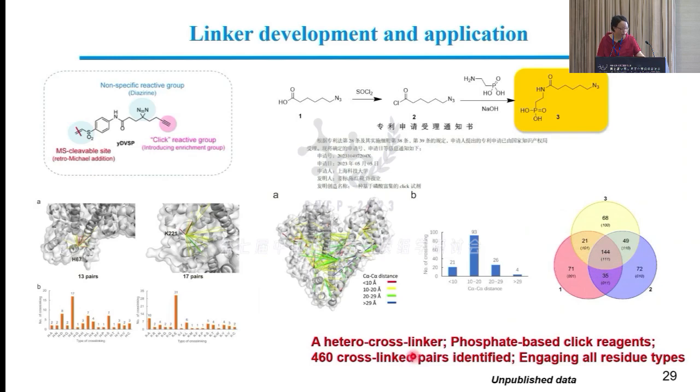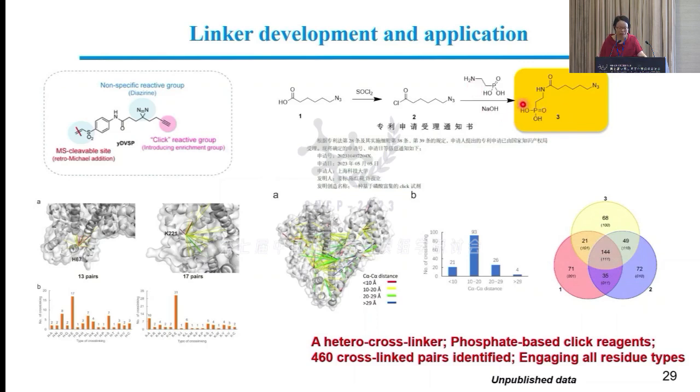Also, our heterogeneous cross-linker was developed. One end uses our microreceptor as the mass cleavable site, and another photoactive group was used to probe non-specific amino residues, and it also contains our handle for click chemistry. On the other hand, we also synthesized our phosphate-based click reagents.